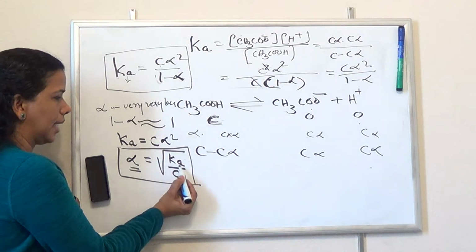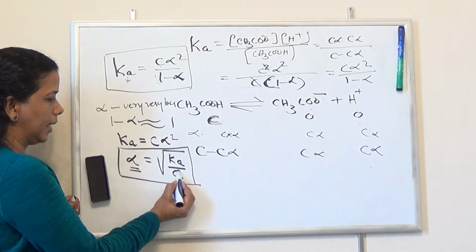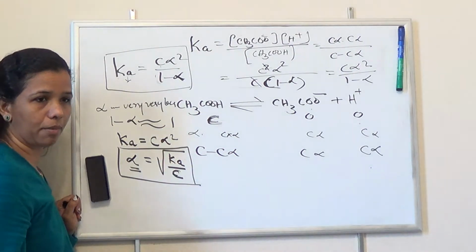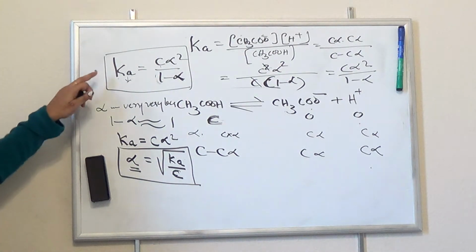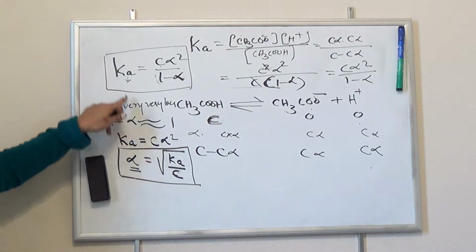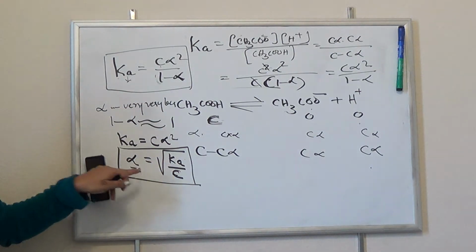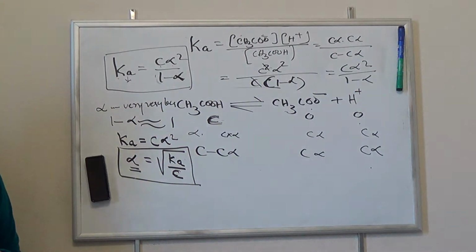Here Ka is the acidity constant and C is the concentration, which may be given in molarity or molality. So these are the expressions for calculating the acidity constant and degree of dissociation.